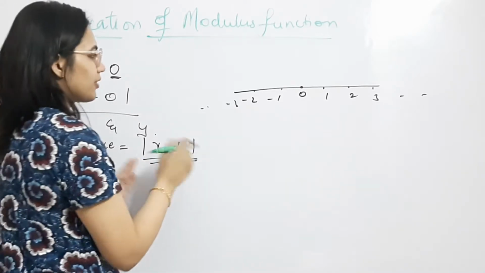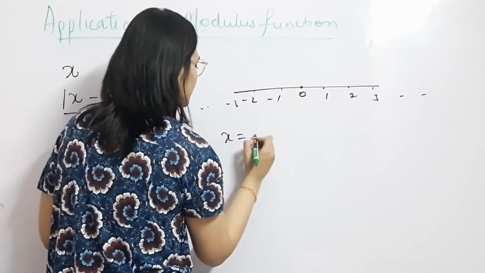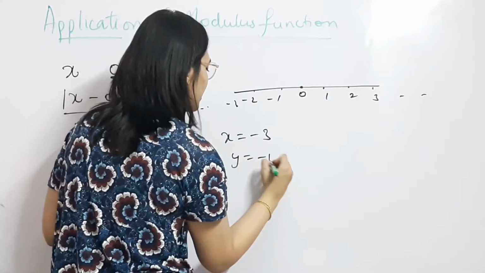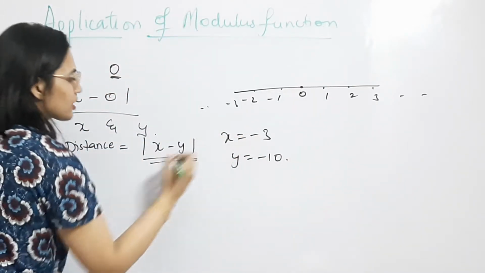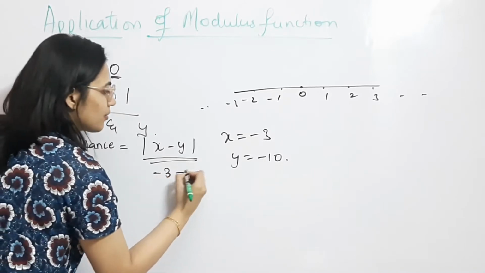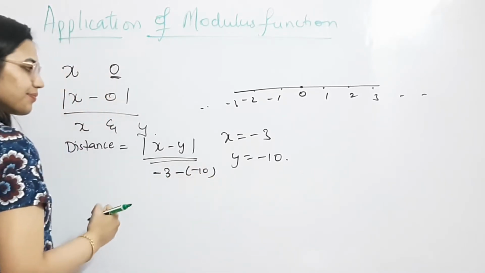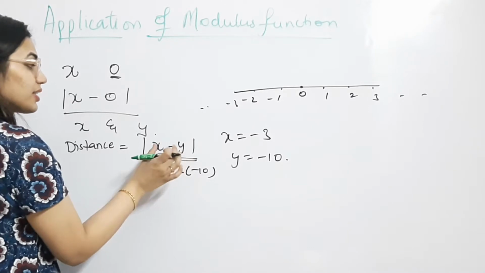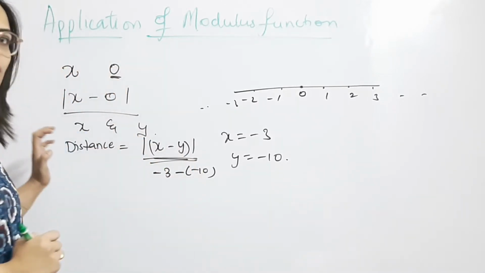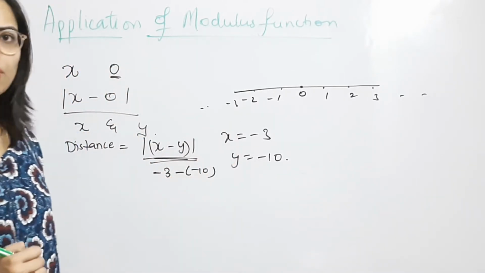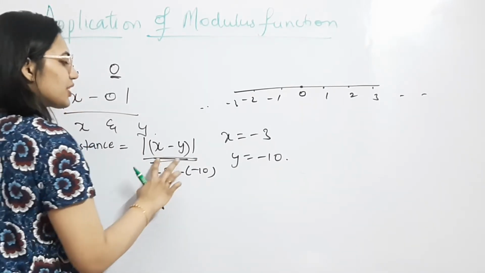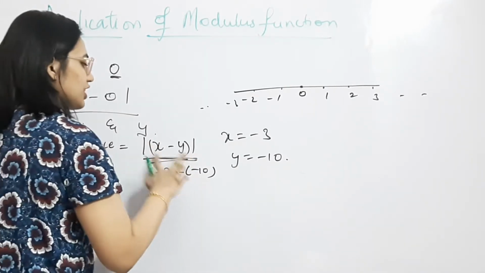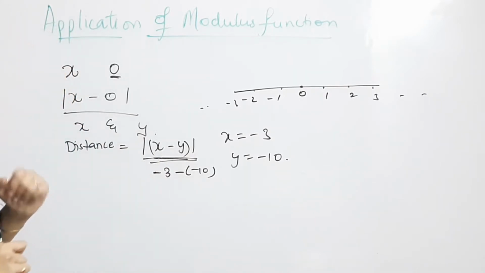For example, if you take x is minus 3 and y is minus 10. Okay, so you are saying mod of x minus y, substitute this: minus 3 minus of minus 10. Right, here mod is for x minus y. It is not for individual mod x and mod y. So first we need to find x minus y and then we need to apply the mod function based on the definition.